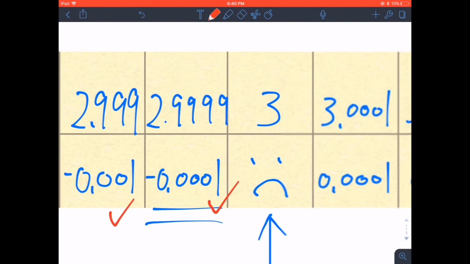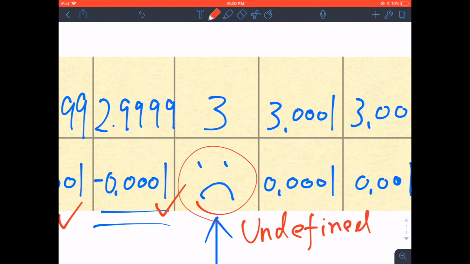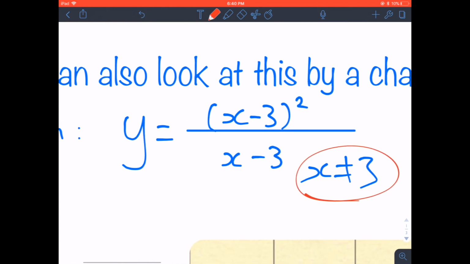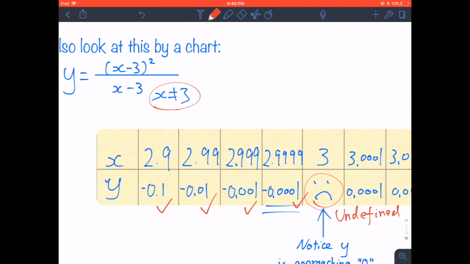But when it gets to 3, it becomes a blank, which is undefined. The y value does not exist at that point because its denominator is 0: 3 minus 3 equals 0, which is not okay. So as x gets to 3, y becomes undefined. That's basically what this chart tells us.